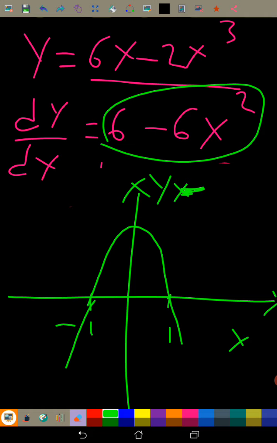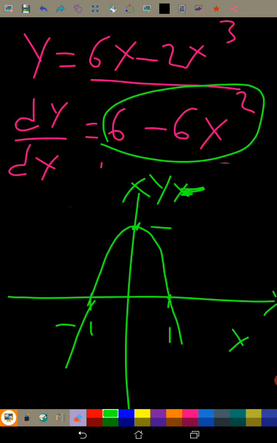Okay, so guys, what are we asked? So determine the coordinates. Find the coordinates here. So we need to know this.